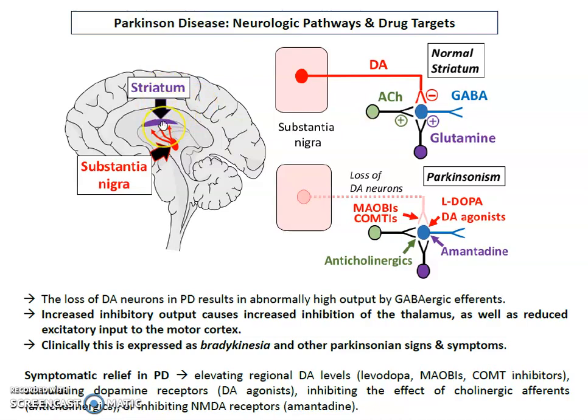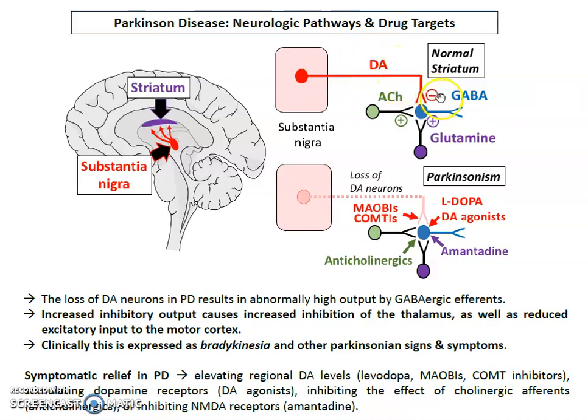But as you already saw in the slide before, we will focus on the striatum because Parkinson disease affects the dopaminergic neurons in the substantia nigra. So here is the pathway between the striatum and substantia nigra, the pathway from the normal striatum. Here is the substantia nigra, which projects the nigrostriatal pathway to the striatum by dopaminergic neurons.